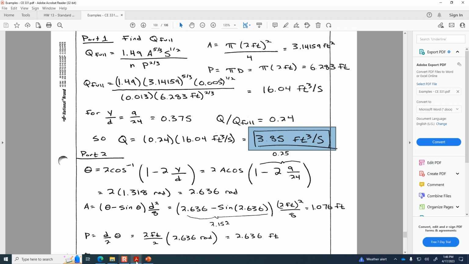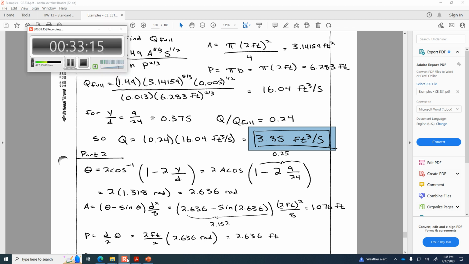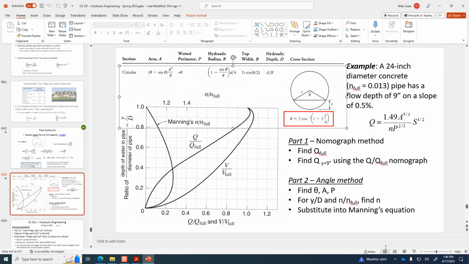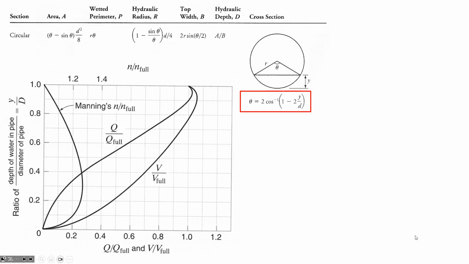Okay, so we've got the area and the wetted perimeter. Now this part about correcting the n value, we again have to turn to the nomograph, because it's this top horizontal axis that we use to find the n value when it's partly full compared to the n value when it's completely full. So our y to d is 0.375. So that is, here is 0.3, 0.5, 0.375.